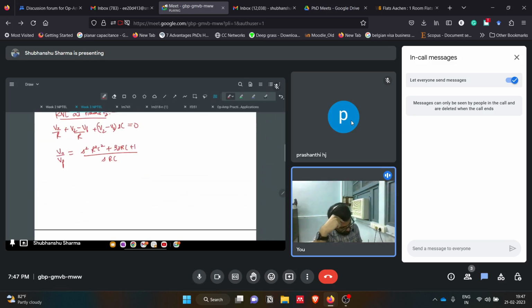So the feedback factor beta, Vf by V naught, is SRC divided by (S square R square C square plus 3SRC plus 1).